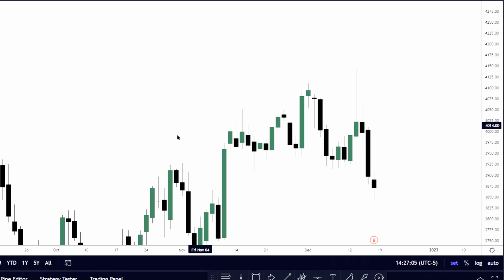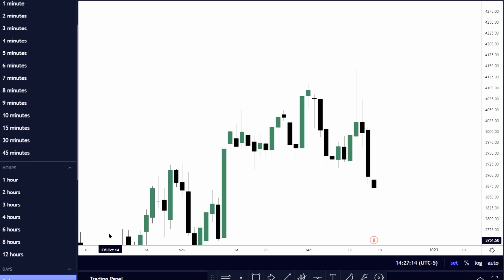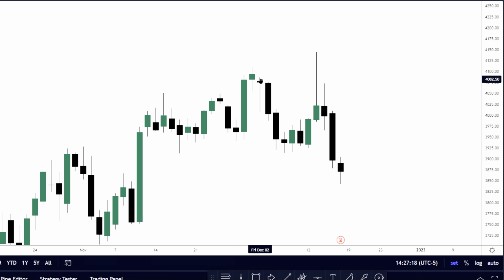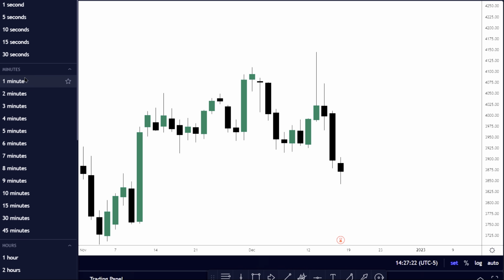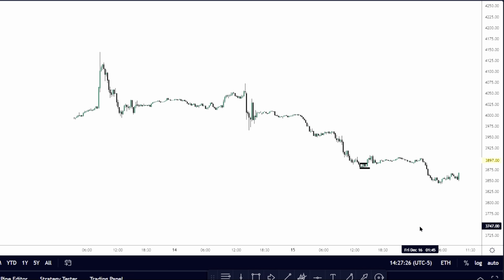Because of these equal highs being cleared out, you can start to get short. Obviously, I don't trade the day time frame. I just use it as a direction. So if I'm thinking we're going to go down, then I'm going to start looking for shorts, especially in the morning.